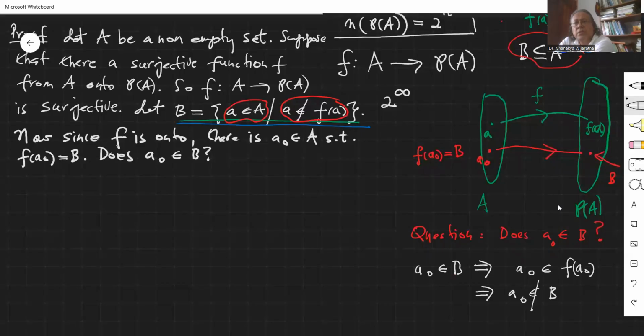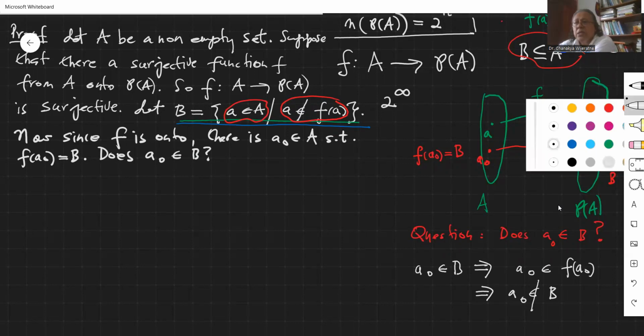Because B contains all the elements in A for which that element is not in f of that element. So here we have a naught which belongs to f of a naught. So therefore a naught cannot be in B, right?